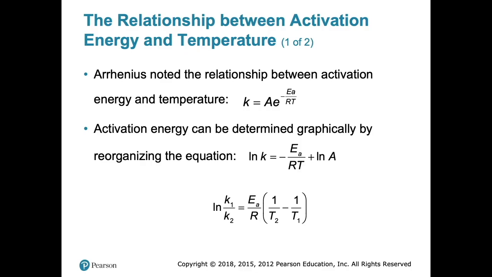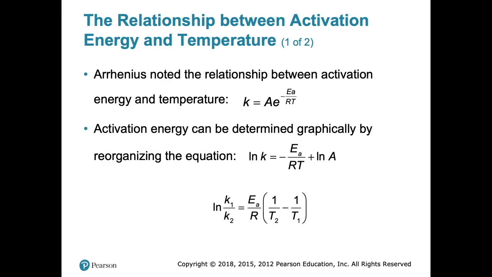You can solve for the activation energy. The activation energy also can be determined graphically by reorganizing the equation like this, where this looks just like a y equals mx plus b equation. So you can actually graph it too, the same way we did with the zeroth, first, and second order reactions.